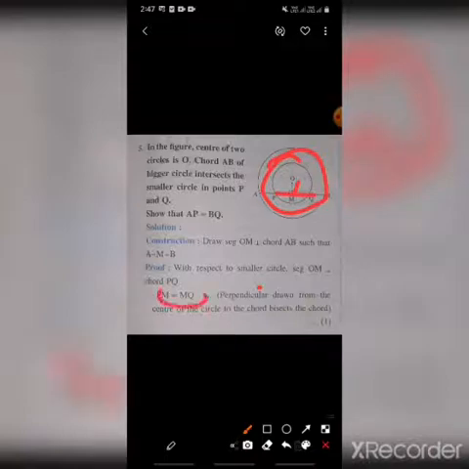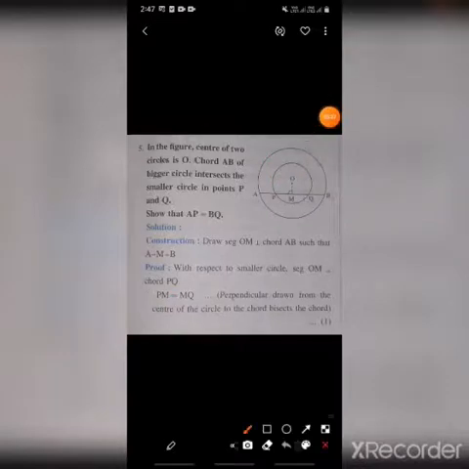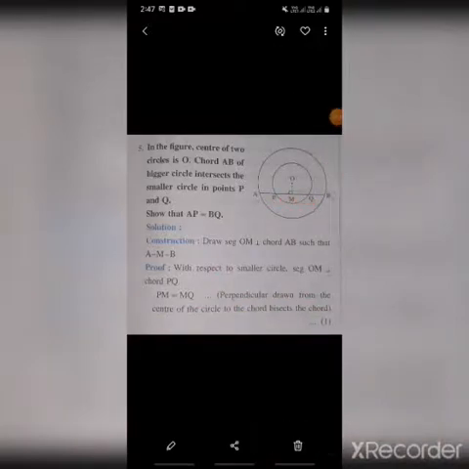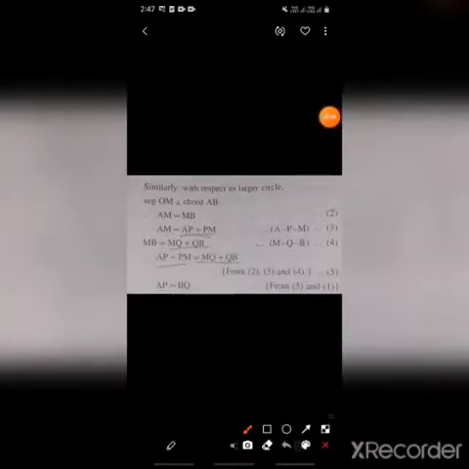Okay, so PM is equal to MQ, because when a perpendicular is drawn from the center of a circle to the chord, it bisects the chord. Just because of this reason, PM and MQ are the same.